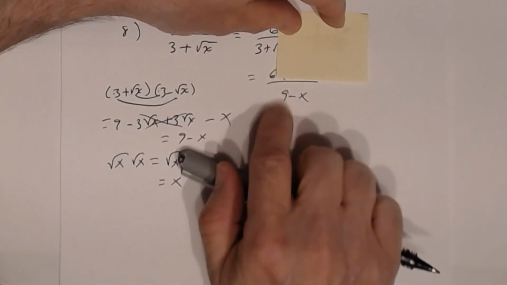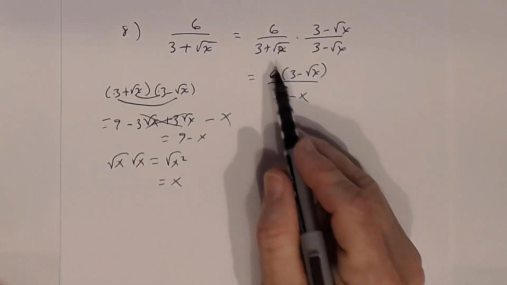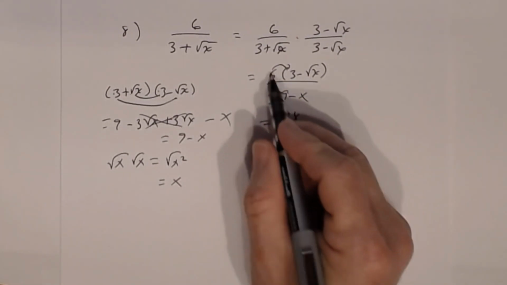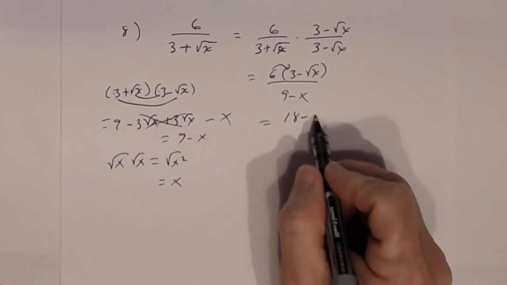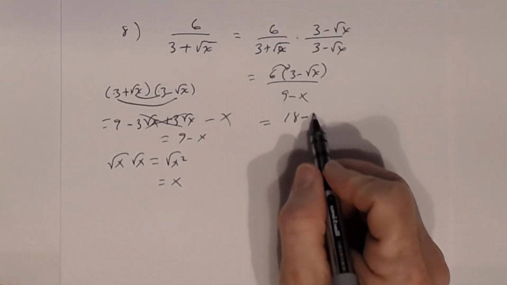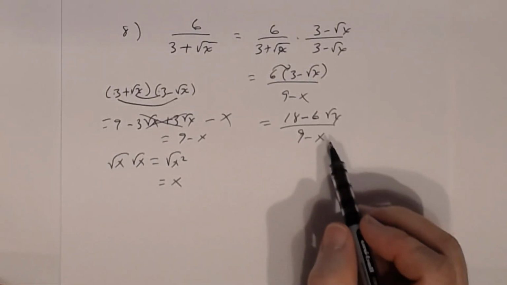So don't make the mistake and reduce the 6/9 here. The only other thing you can do is just distribute, and then you're done. So you get 6 times 3 is 18, and then 6 times the negative square root of x is 6 square root of x, divided by 9 minus x. And that's all you can do there.